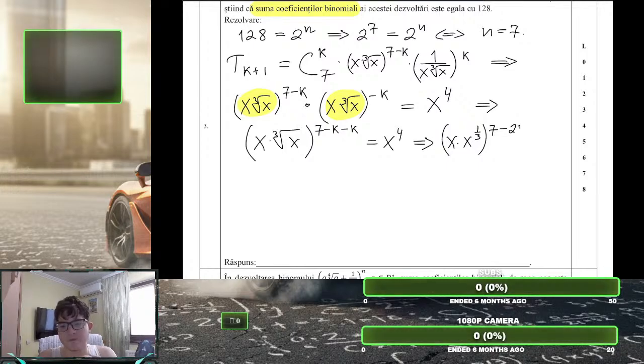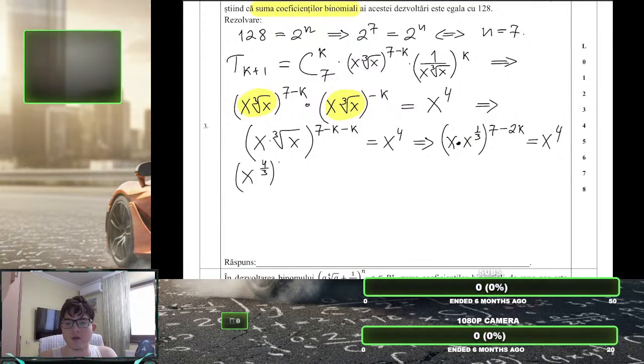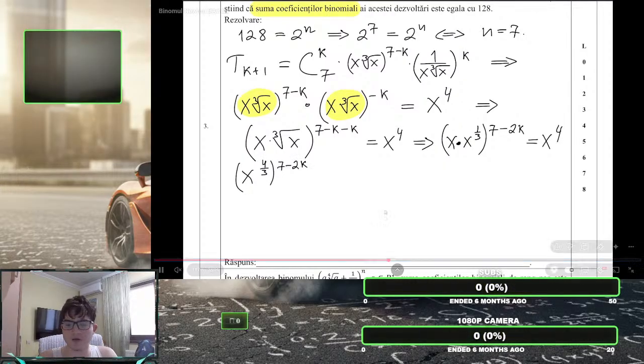And transfer the power towards the 7 minus 2k. And we're going to have the same base, x. We're going to equal them out, right? I'm not missing something again, right? Boom. x to the power 4, x to the power 4 divided by 3.